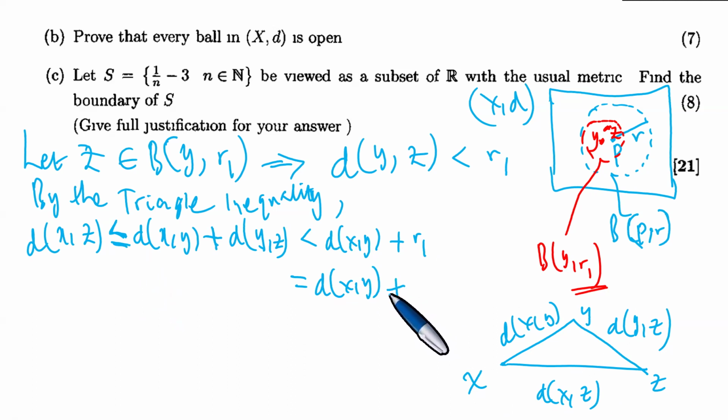What is R1? Now R1 becomes R, which is the biggest one. R1 is R minus the distance between X and Y. Let's look at this.